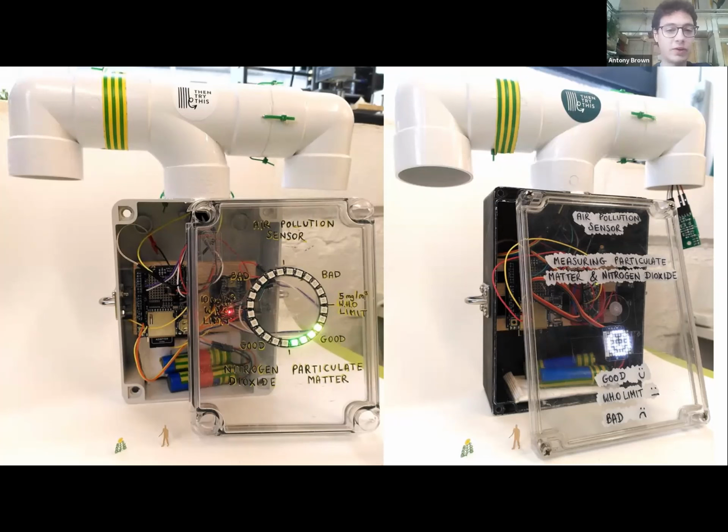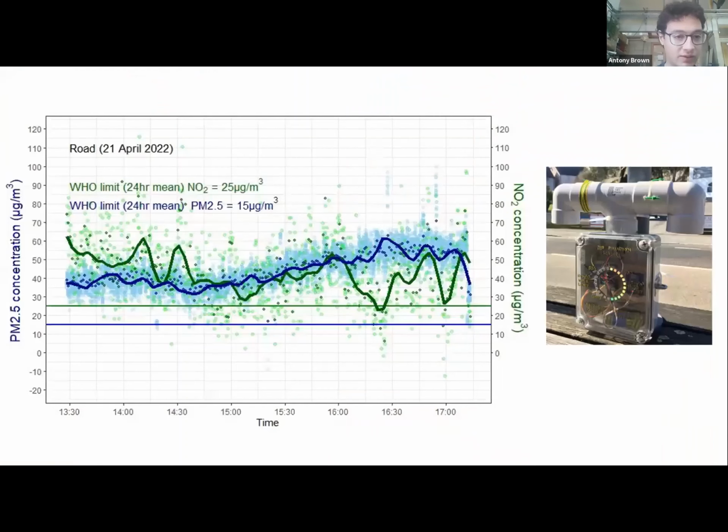So we ran a few tests just to see how well they worked. This plots from a test outside on a busy road in front of our studio in Penryn. We've got time on the x-axis and pollution level on the y, and the green line is nitrogen dioxide, and the blue line's particulate matter. The horizontal straight lines are the World Health Organization limits for 24 hours.